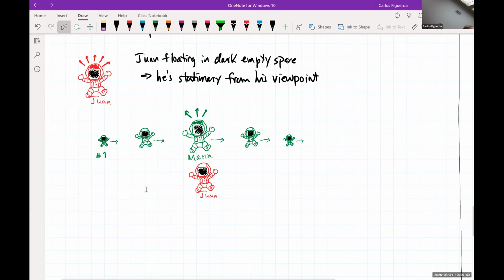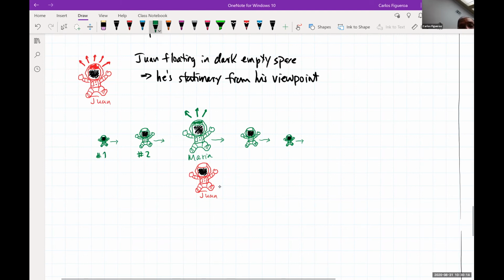So Juan sees her off at a distance, and he sees her as being really small. But according to Juan, she's moving to the right. As she gets closer and closer, she grows bigger, but continues to move to the right.